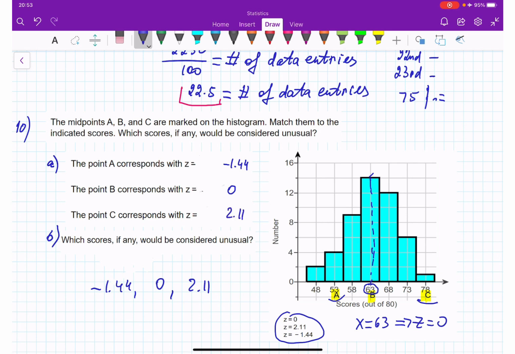If this is 0, this side is negative and this side is positive, right? Okay. And the question for part B: which scores, if any, would be considered unusual?